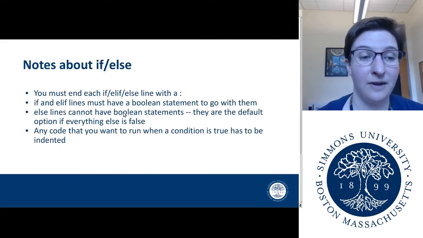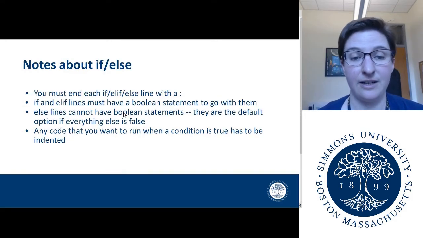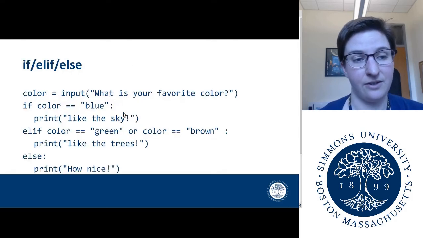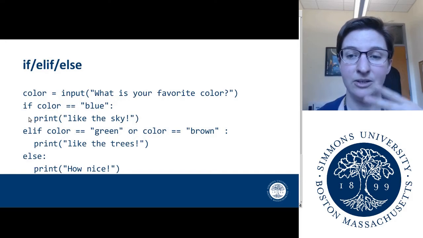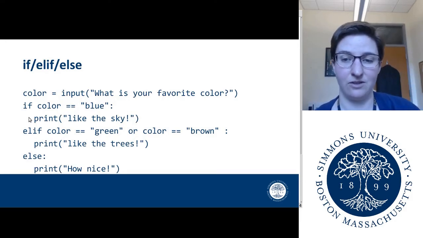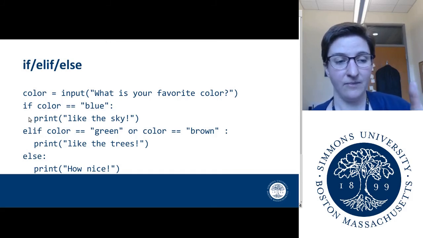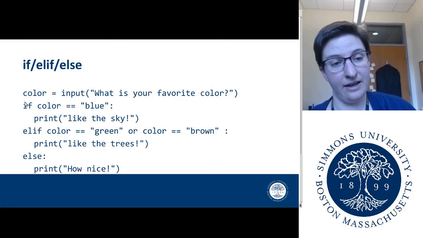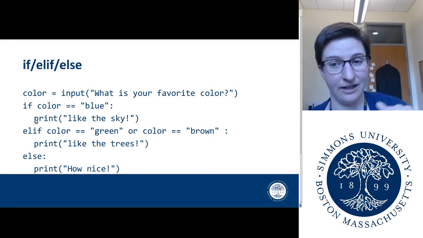Okay, finally, any code that you want to run when a condition is true has to be indented. So you need that colon, and then you also need to, I usually hit tab in IDLE. That'll automatically indent a certain number of spaces, which is just nice and a default way of doing things. So if color equals blue, colon, new line, indent, print like the sky.